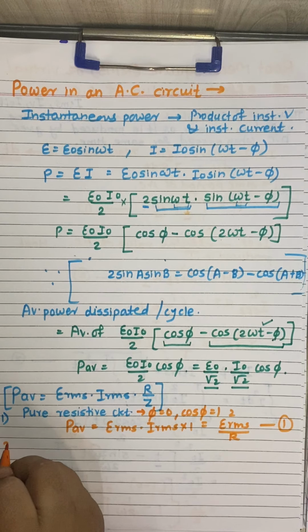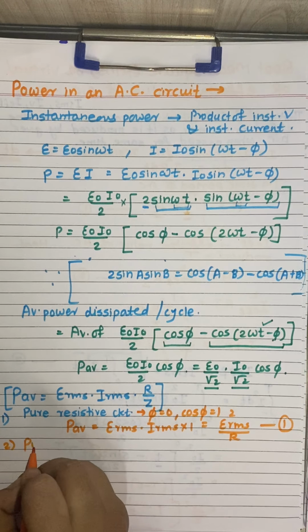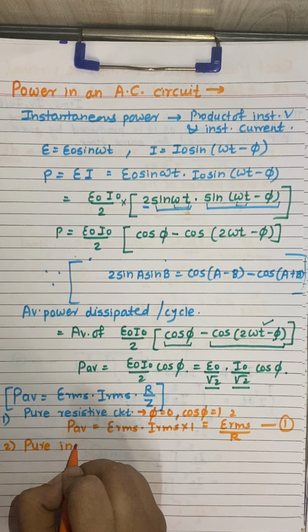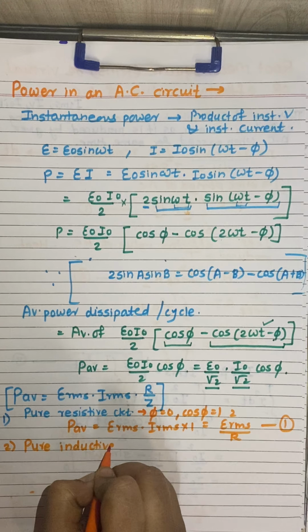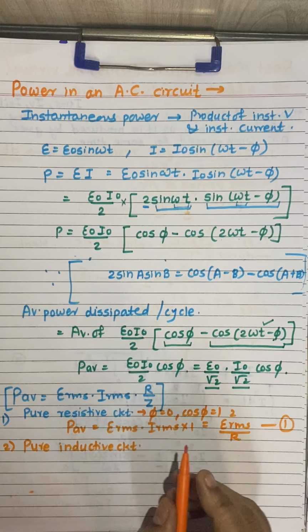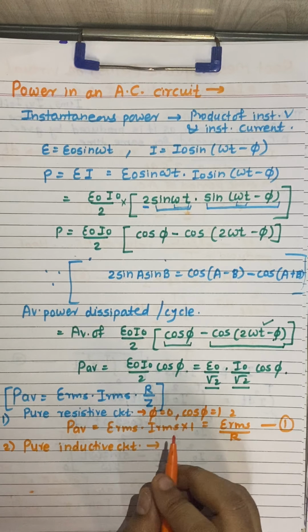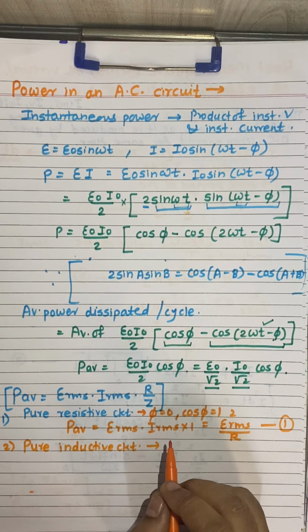Now if the circuit is a purely inductive circuit, we know that voltage leads current by phase pi by 2.